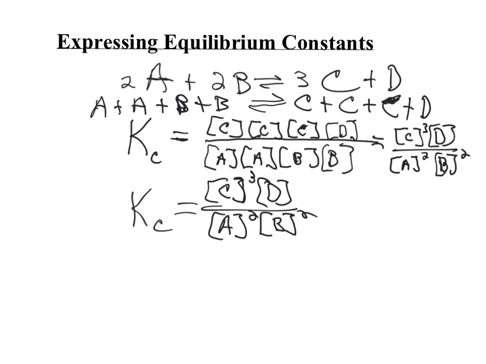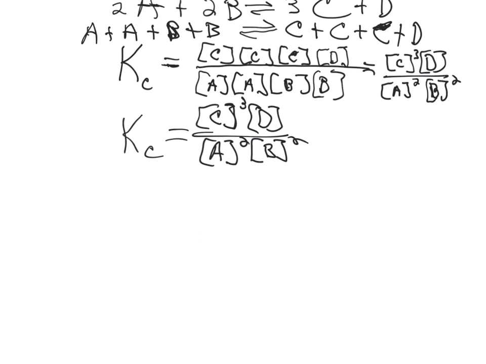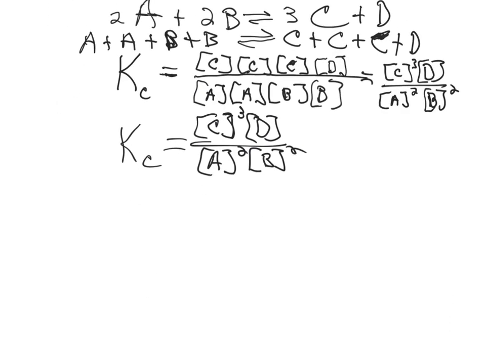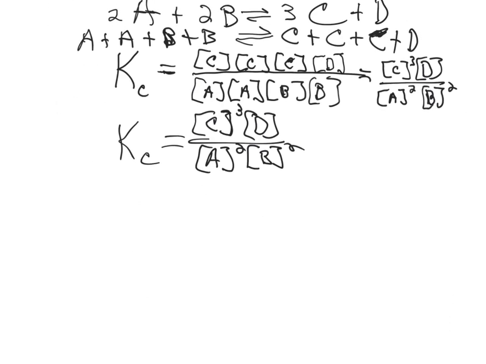So we can write a more generic way of doing the equilibrium constant. We can simply say, if I say little a is my stoichiometric coefficient for big A, which is my reactant, plus the stoichiometric coefficient little b times B for my reaction.